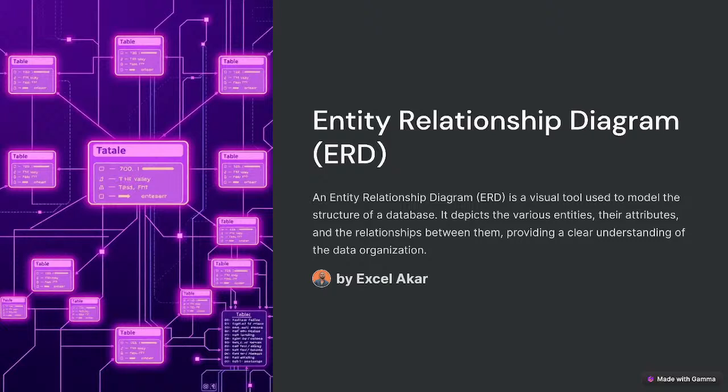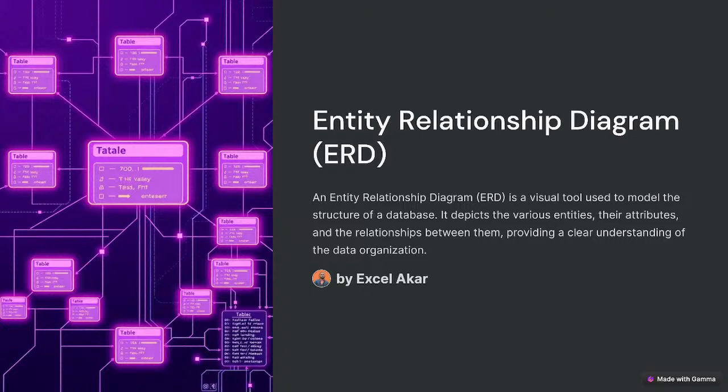You know what attributes are? We talked about this before. In a table, what are the attributes? Columns. So they are columns. Column, that is the attribute. Those are the things that describe the table more.